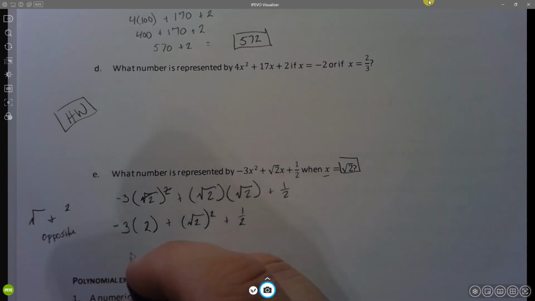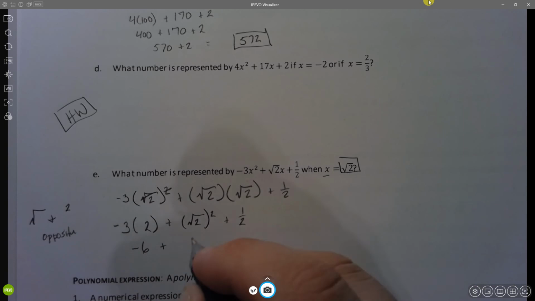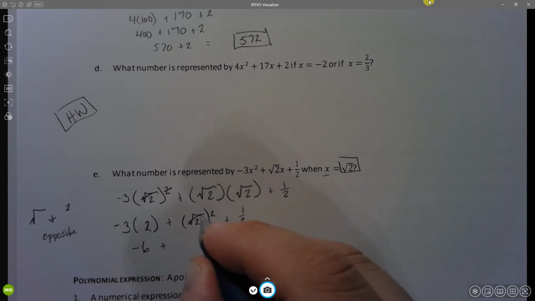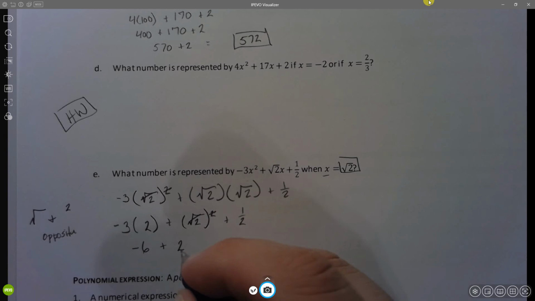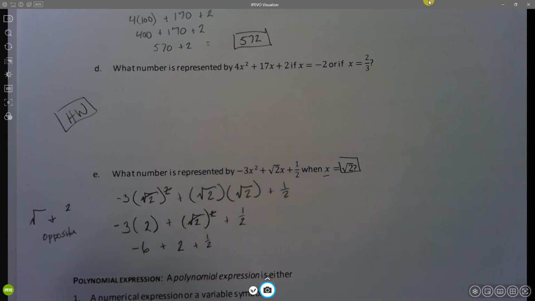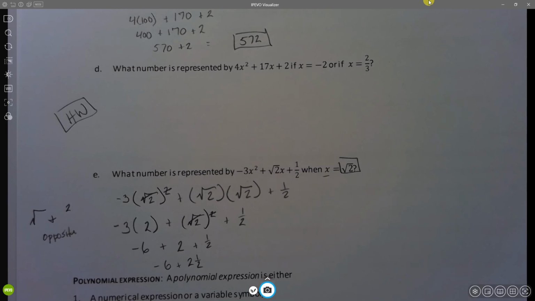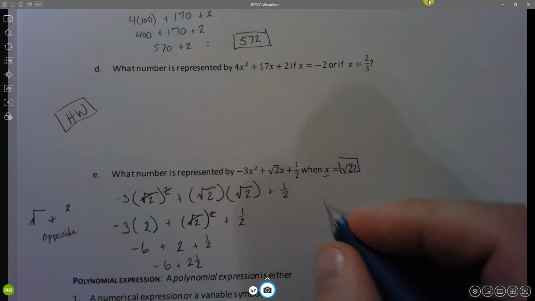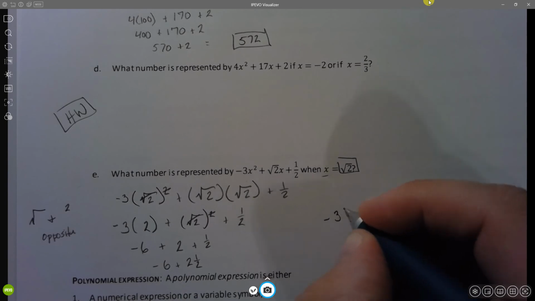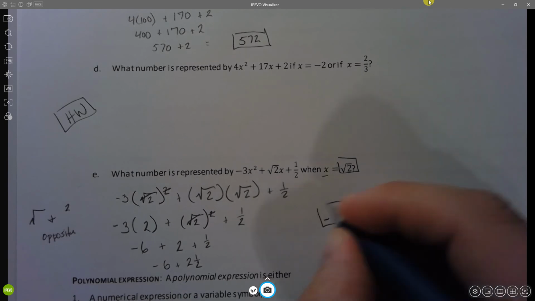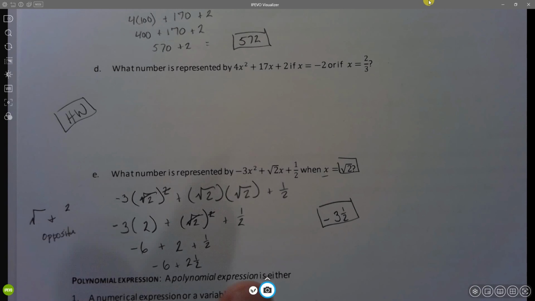Negative 3 times 2 gives us a negative 6 plus the square root of 2 squared. Square root and squares cancel each other out, giving us a 2 plus 1/2. So now I've got a negative 6 plus 2 and 1/2. A negative 6 plus 2 and 1/2 gives me a negative 3 and 1/2 as my answer. That's the number that is represented in this problem.